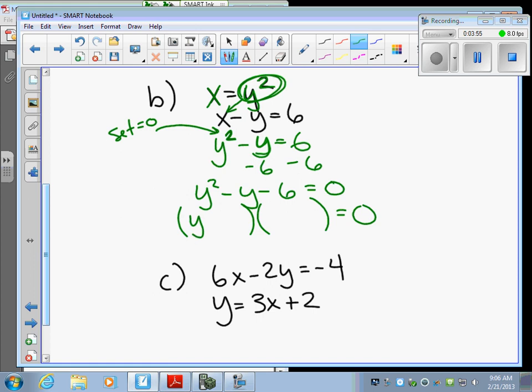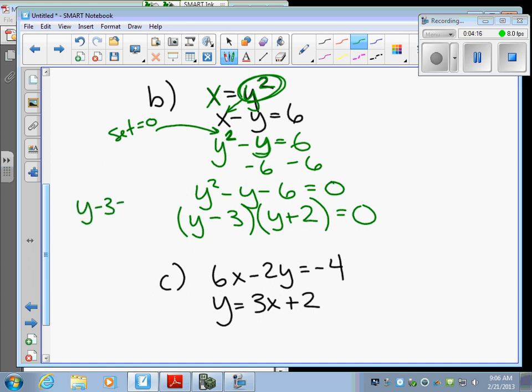But here I get y minus 3 and y plus 2. If I multiply that out, I would have y squared minus y minus 6. And now I'm going to set each of these equal to 0.